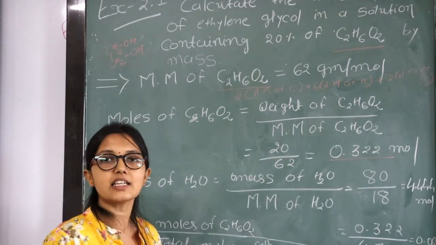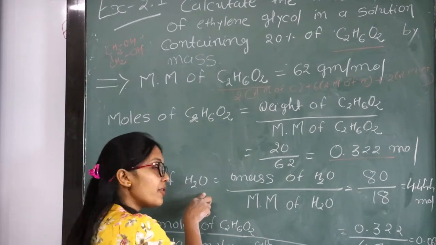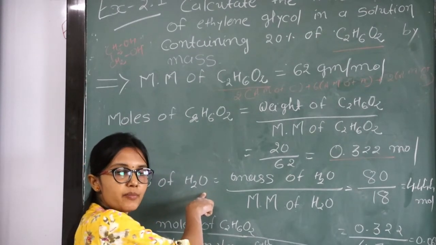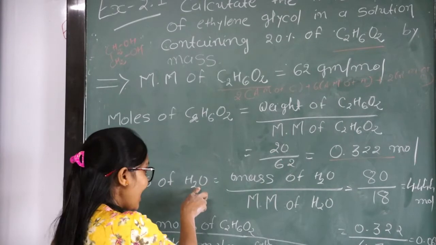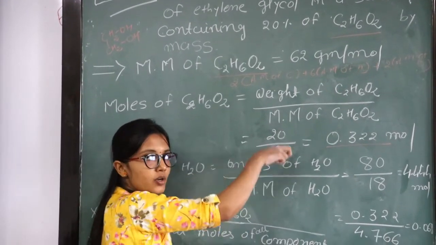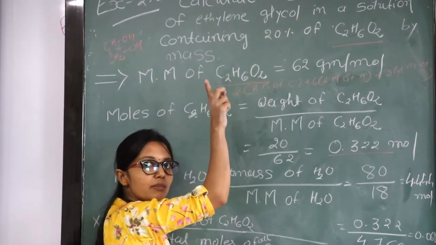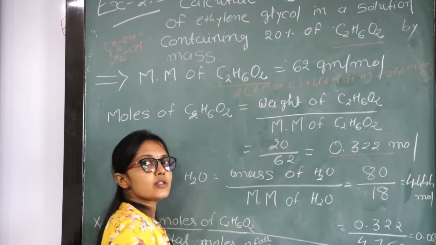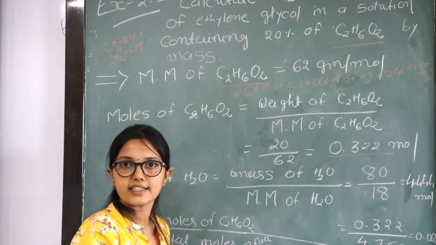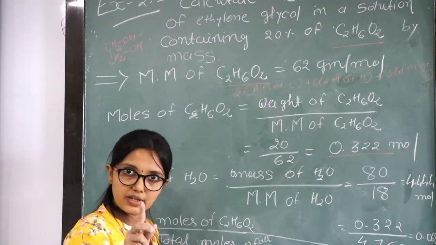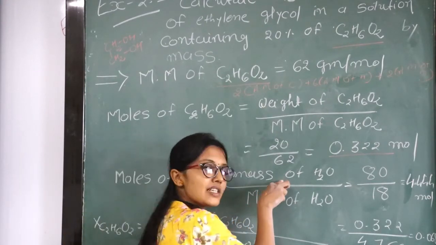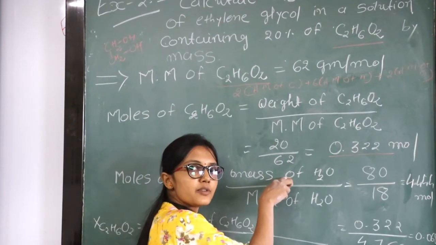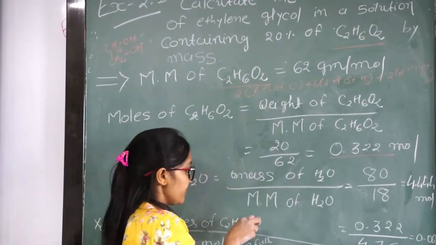That's why it is compulsory to calculate moles of water. Water formula is H2O. Mass of water is not given in the question, but the solute mass 20 is given. So suppose the total mass is 100, then 100 minus 20 is equal to 80. This is the solvent, so the mass of water is equal to 80.